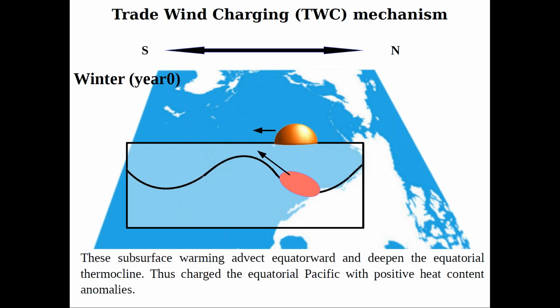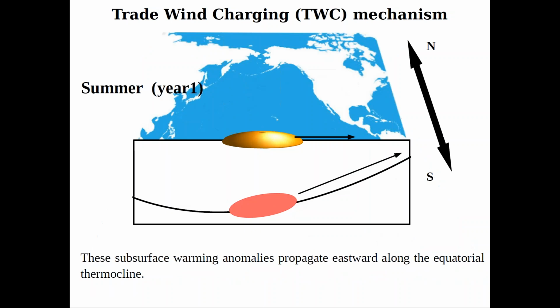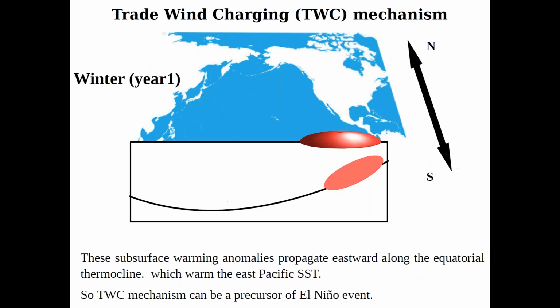You can see this is almost the middle of the Pacific, and we are getting the warming in the extratropical subsurface, which moves toward the equator in the subsequent summer due to the subduction transport, and then it charges the equatorial Pacific with warm water, which can propagate again eastward and make an East Pacific warming. I thought I would put in a very fancy animation, but it didn't work, so it is slide by slide.